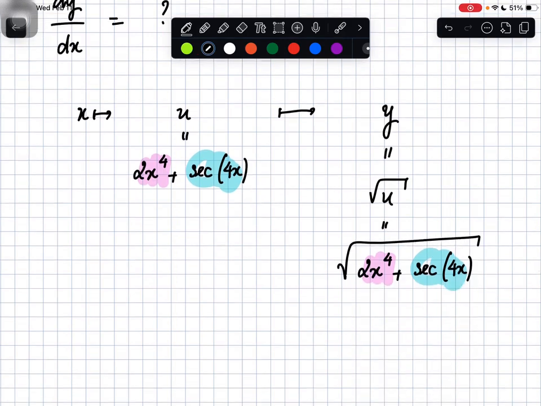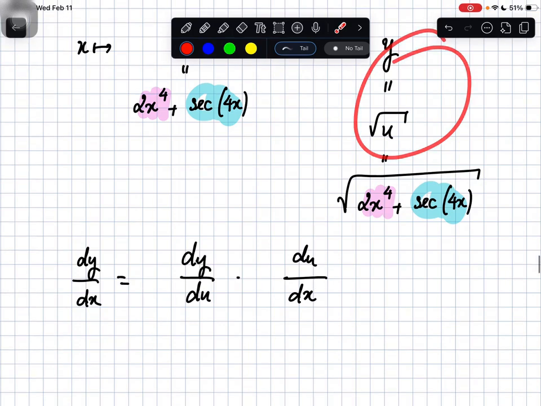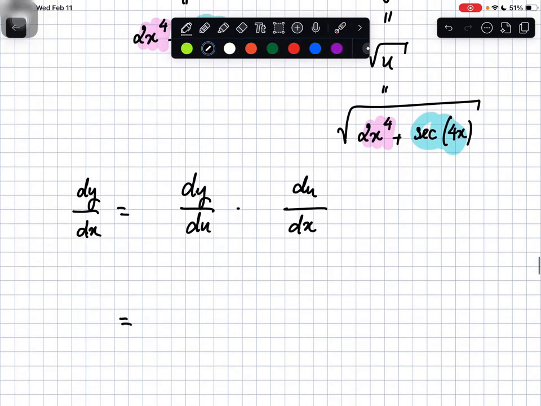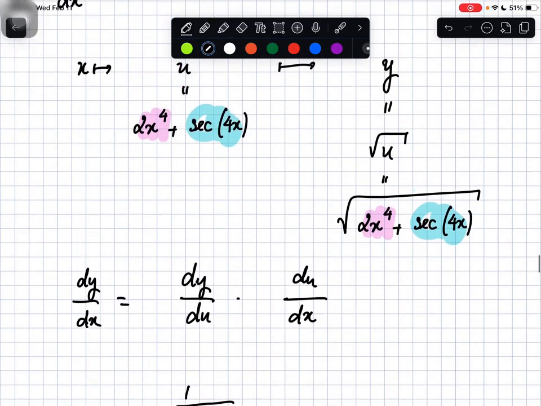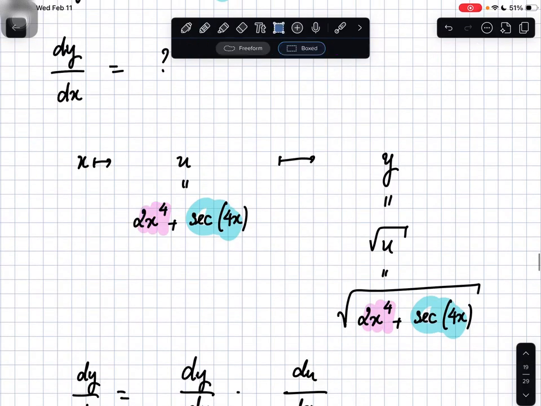So now dy over dx by chain rule is dy over du times du over dx. dy over du is the derivative of square root of u, which is 1/(2 square root of u). du over dx is d over dx of this term.